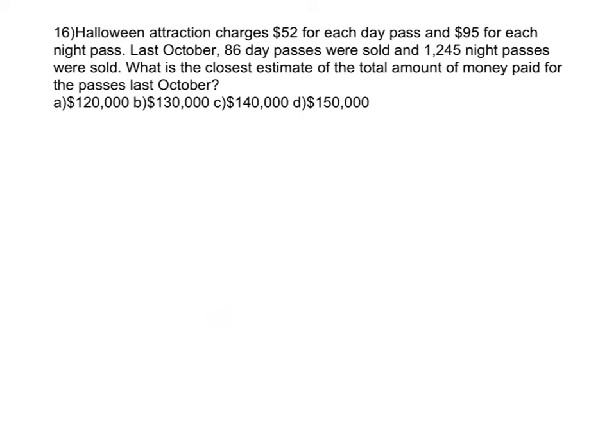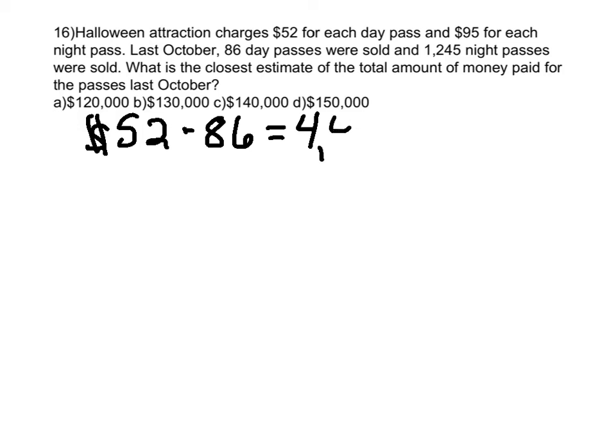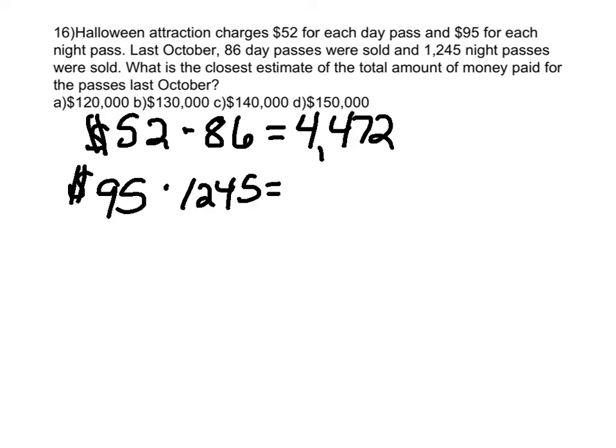Some kids will just go right ahead and they'll understand that the $52 is going to get multiplied by 86. And they're going to get the 4,472. They're going to get actual numbers or exact numbers. And then you take the $95 times the 1,245 night passes and you get your answer.